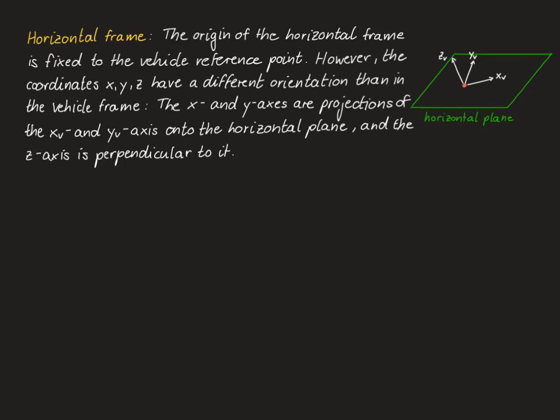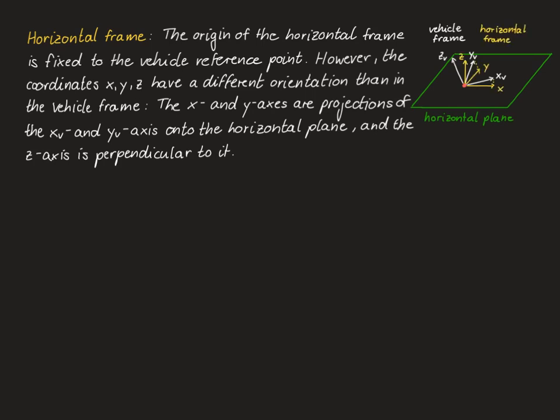So geometrically, what does this mean? Let's look at the little illustration on the right hand side, where the green plane depicts the horizontal plane, meaning it's perpendicular to the gravitational field. What is drawn here is in red the vehicle reference point, and in white the coordinates of the vehicle frame.